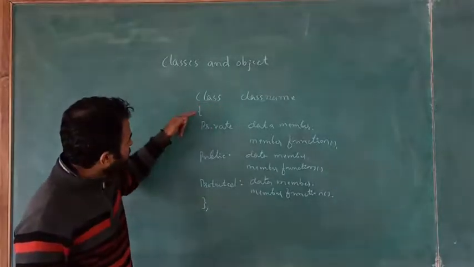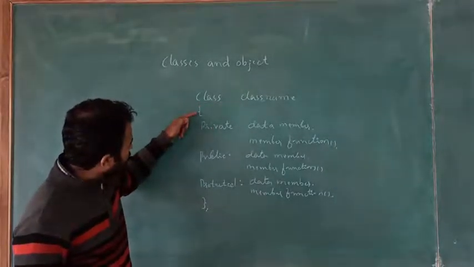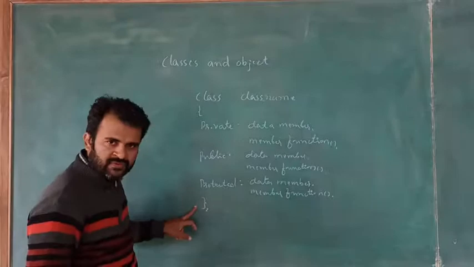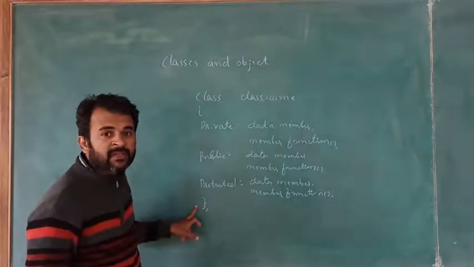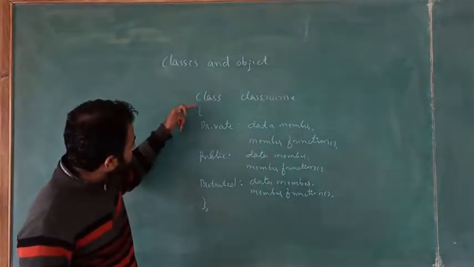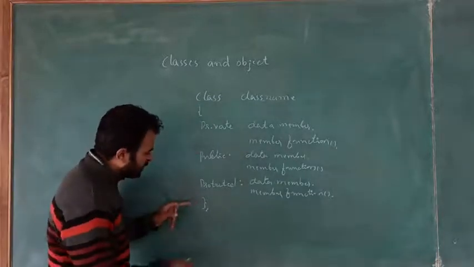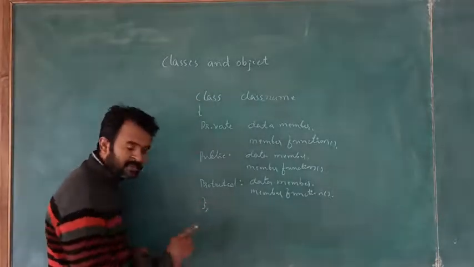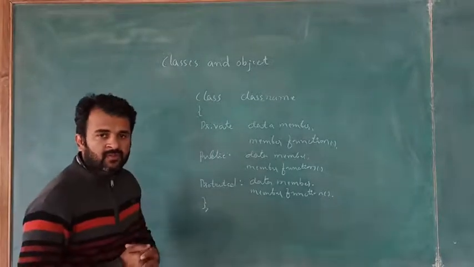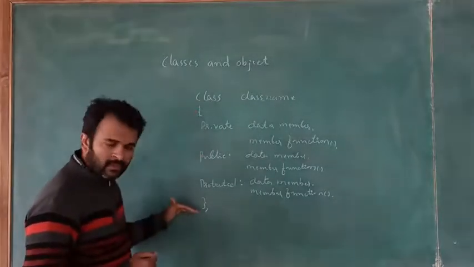Next are the open brace and close brace. The class body is enclosed between the open brace and close brace, followed by a semicolon. The semicolon is compulsory. This is the class body.